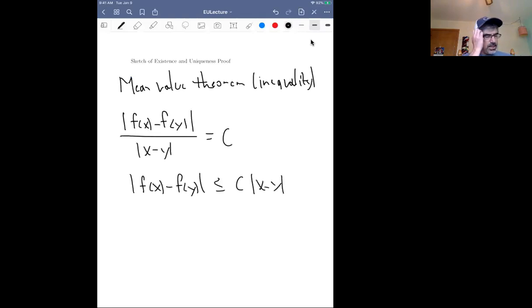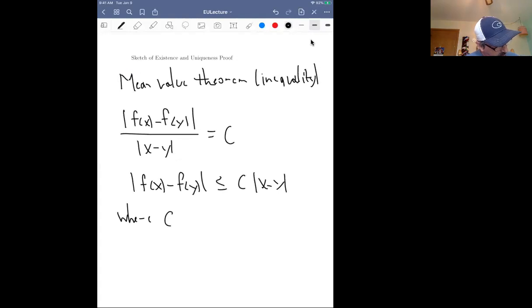And I can change that to a less than or equal to, and say where c is equal to the maximum of the absolute value of f prime of x on our given interval a, b.